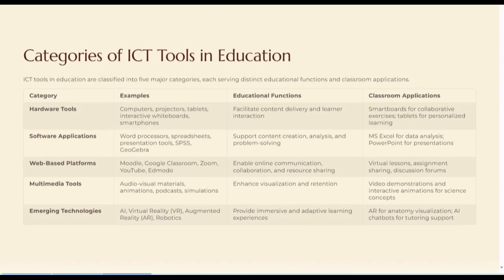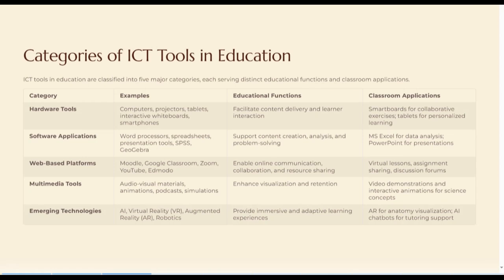When we look at ICT, we have different categories of ICT in education, largely grouped into five main parts. We'll look at the hardware tools, which comprise computers, projectors, tablets, interactive whiteboards, and smartphones.